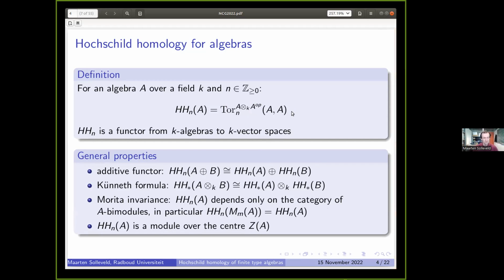But in fact, it turns out in such cases that it's still a module over the center of A. This is actually a bit different from other homology theories. Like if you take standard cohomology of some space, it will not be a module over continuous functions on this space. So this only indicates that it's a rather fine invariant which allows still rather large outcomes.